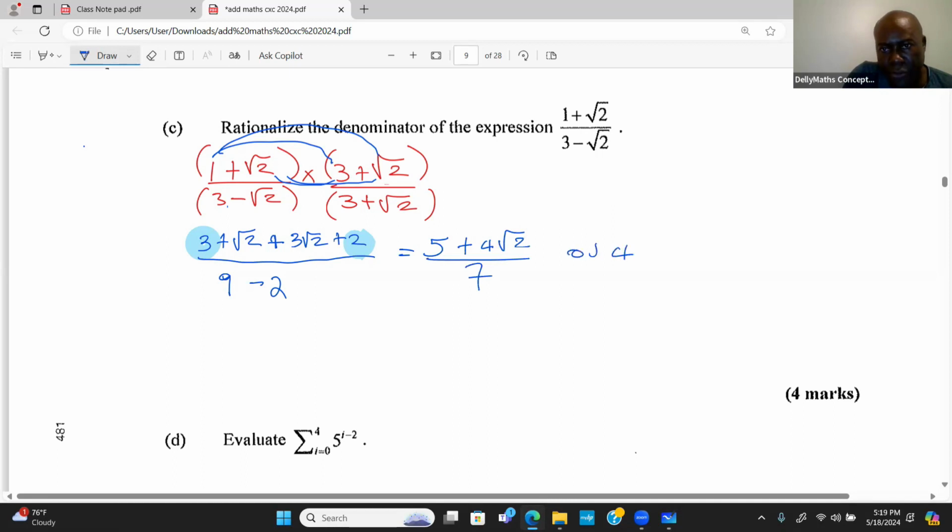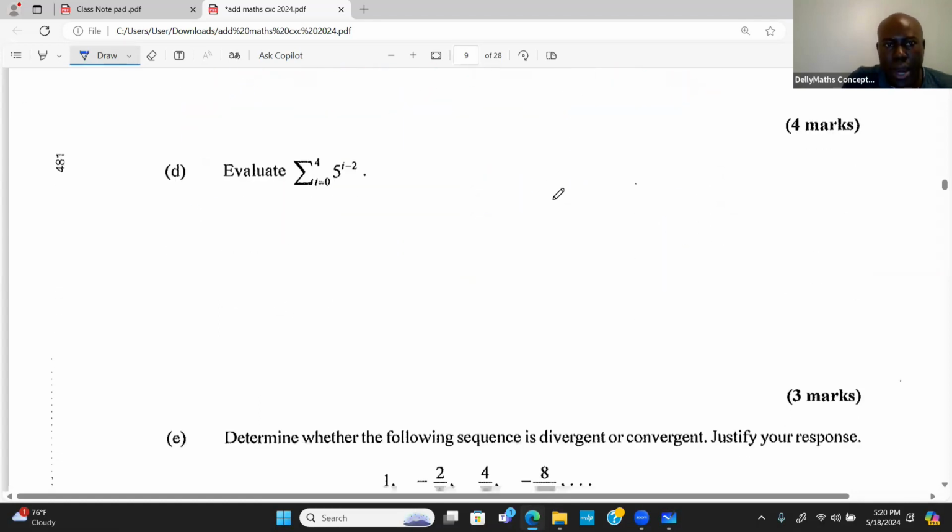Or you could say 4 root 2 plus 5 over 7. Same response, doesn't matter. The key thing when you rationalize is that you don't want any root in your denominator. And as you can see, the root is now gone. We have a 7 there. So for 4 marks, that's what you're required to do.